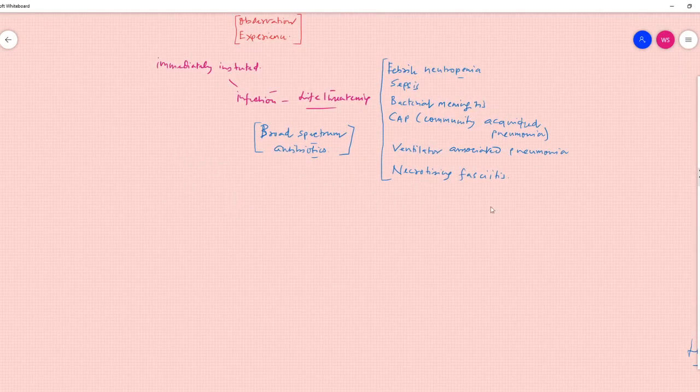In other patients, a little bit of time can be taken, and references, like what are the references?